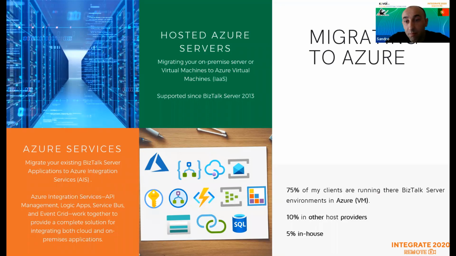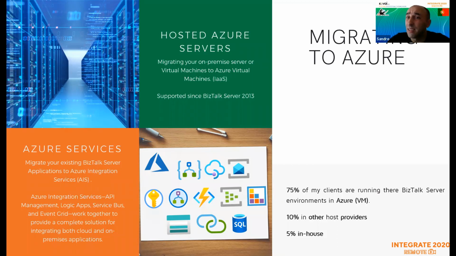And I have to say that 75% of my clients are using this approach, using Azure to host virtual machines to run BizTalk. I don't remember the last client environment that I'm running on a local or in-house environment. Most of them, or all of them, are using Azure virtual machines.